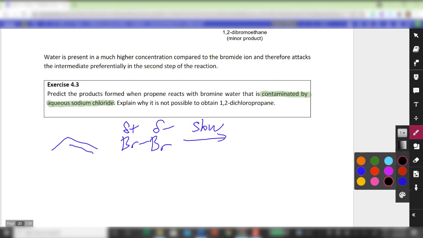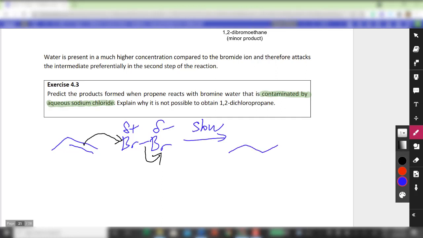Remember that when you draw your mechanism, the pi bond attacks the electron-deficient Br because it's being polarized, and then the Br–Br bond breaks heterolytically. Of course I will draw the more stable carbocation being formed. The Br is over here, and this is the carbocation being formed, and then of course I will have a bromide here. So this is the first step.